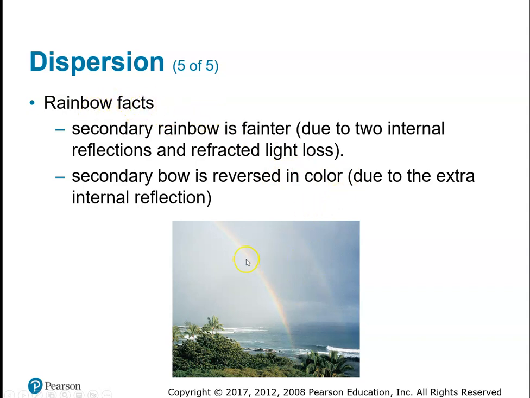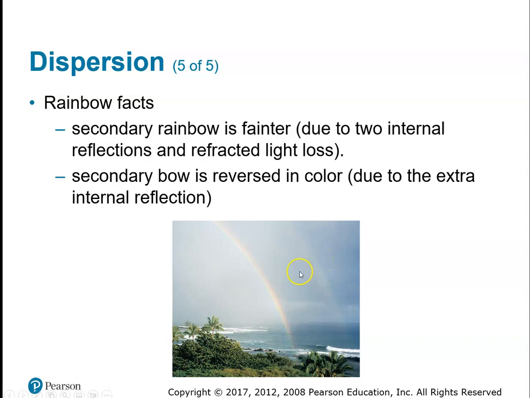But anyhow, this is what's called a double rainbow. So you can kind of see this. The second rainbow is always fainter. And notice what's going on here. Let's say you're looking from the left hand side. You see blue to red. But then if you look at the second rainbow, although you can barely see it here, the colors are reversed.